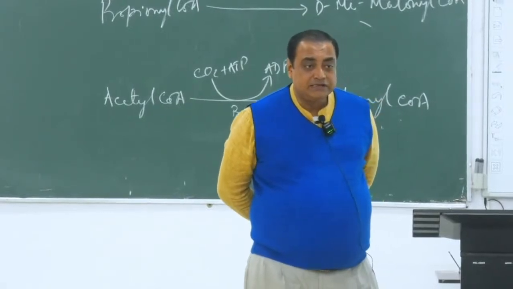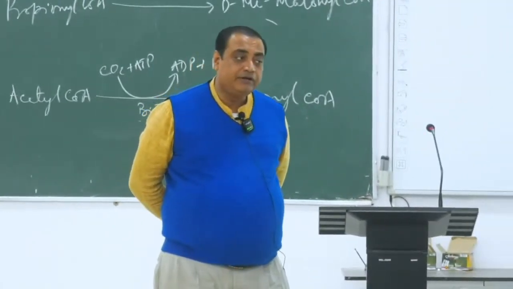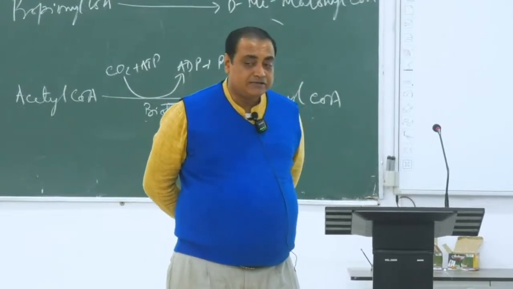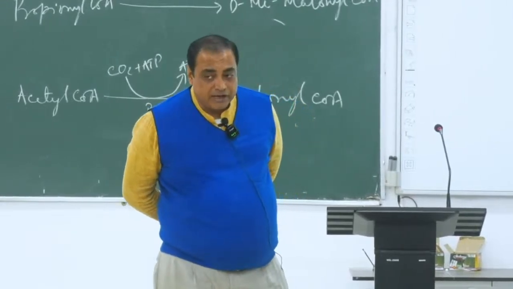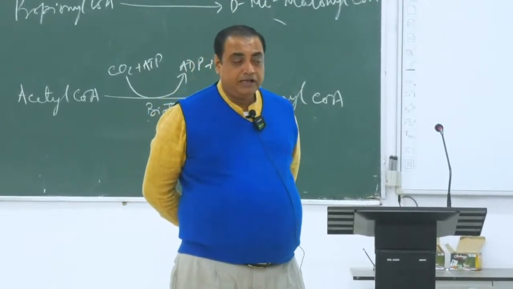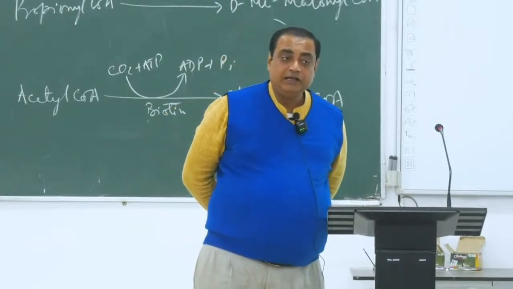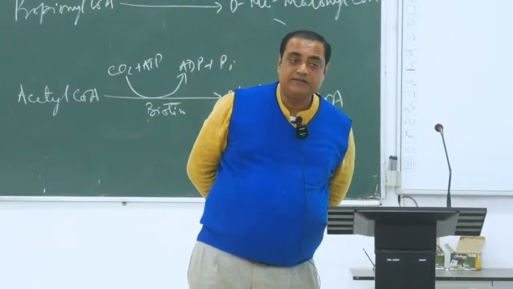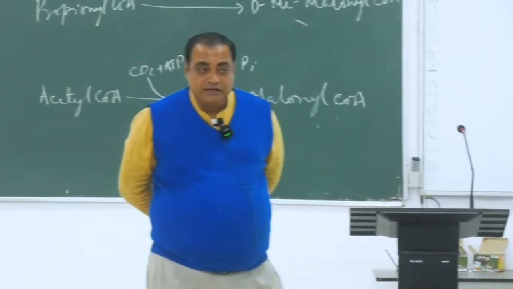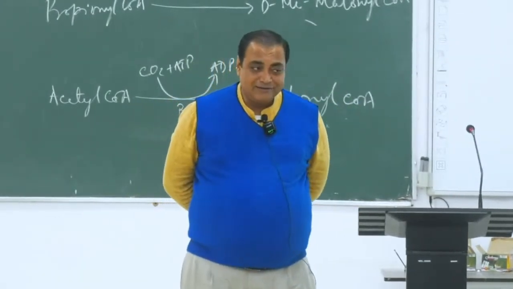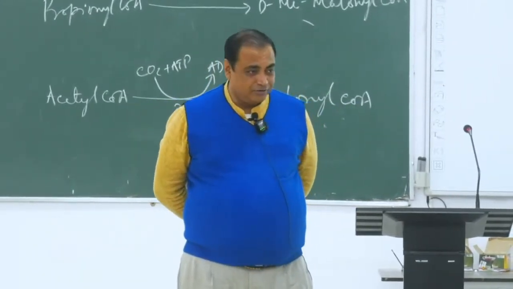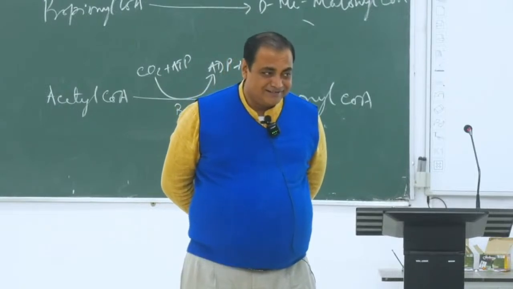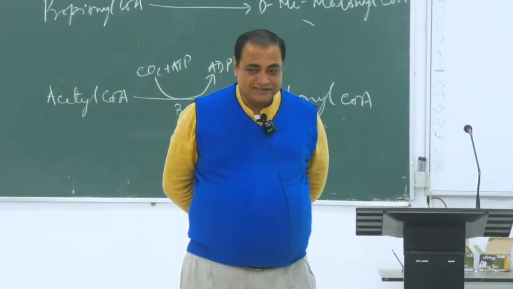Say reactions within mitochondria will require NAD plus. Reactions in cytosol will require NADP. Then kindly tell me where this reaction takes place. Glyceraldehyde 3-phosphate dehydrogenase. It is a part of glycolysis. Glycolysis takes place in cytosol. So what I told is incorrect. Justify.